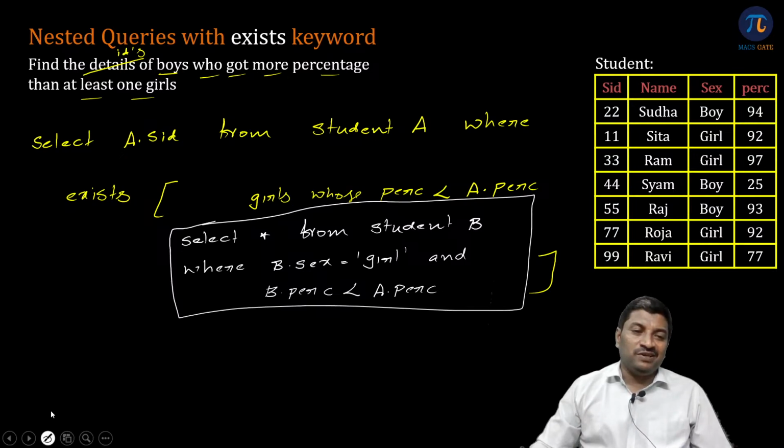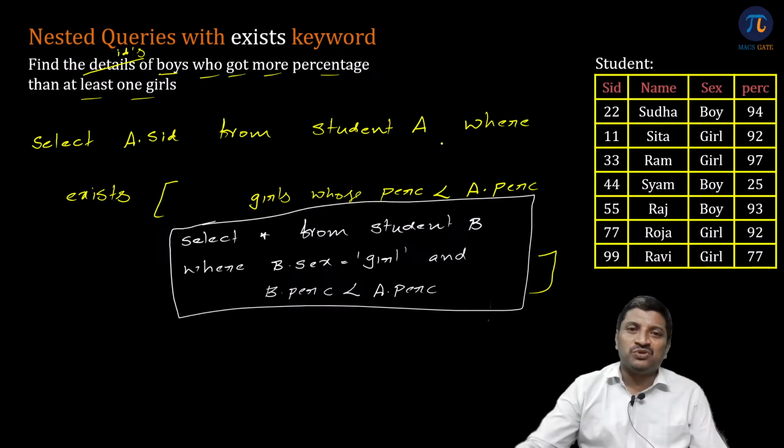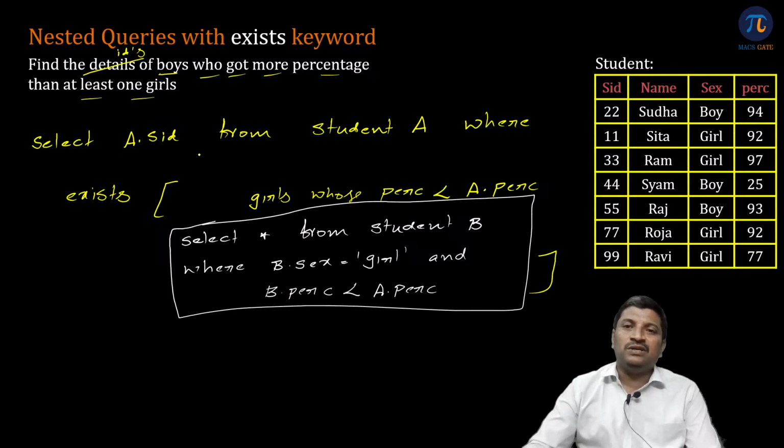Sir, please observe it. Here we made a small mistake that at first I also did not notice. Select A.SID from student A where exists. So it will consider the first roll number, 22. If I get some girls, it will display Sudha. Second, it will consider Sita. Again, it will verify the same story. But I don't want the girls. I want to verify only for boys.